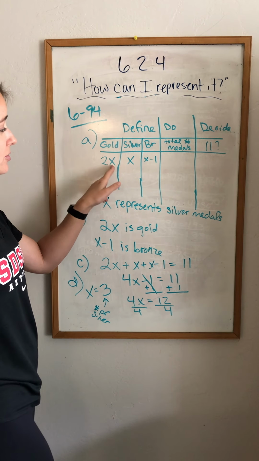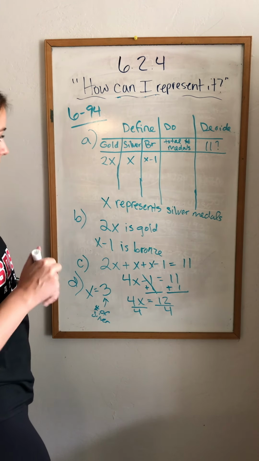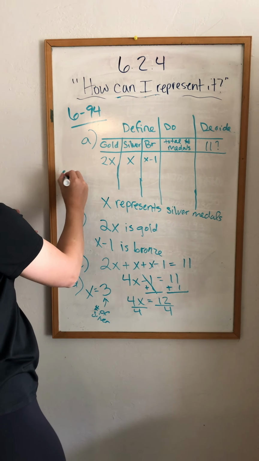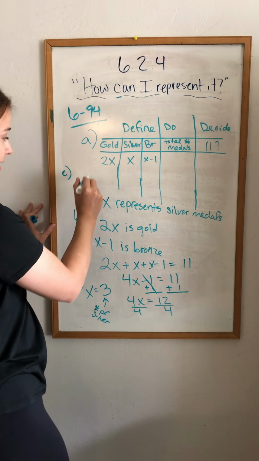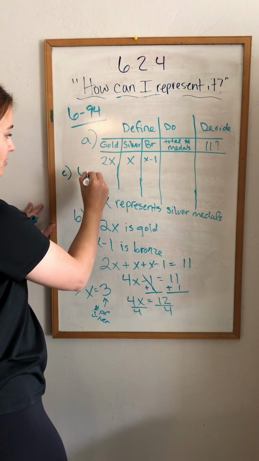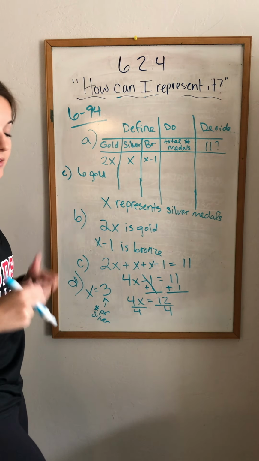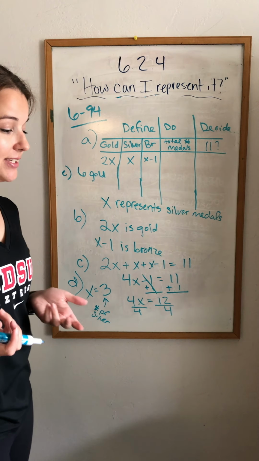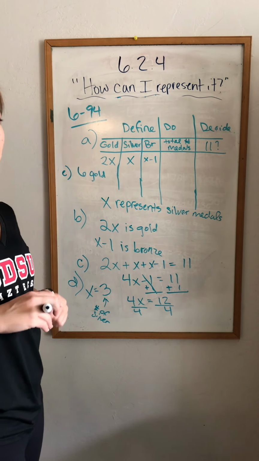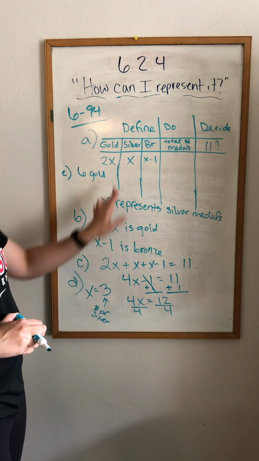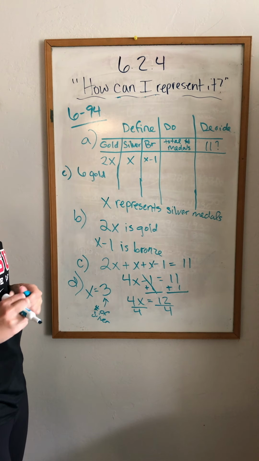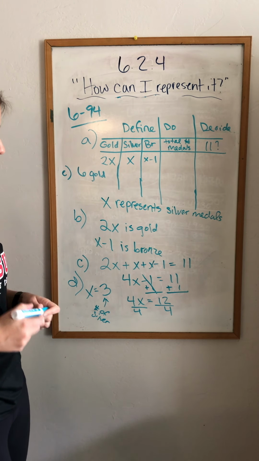So 2 times 3 gives us 6. So for part E, I'm just going to write it really small over here. They earned 6 gold. And if you want to explain it, in the problem, it says there are twice as many gold as silver, and we realize 3 is the number of silver, so plug it in, and you get 6 gold.